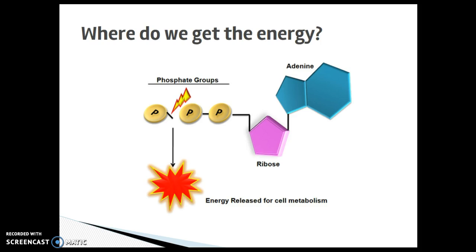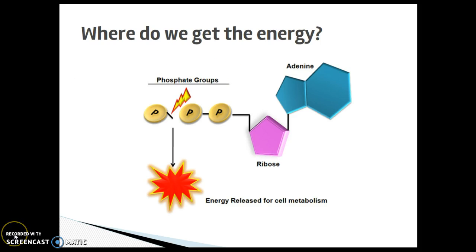The process is called hydrolysis. Hydrolysis is the removing of that phosphate group so that we can get our energy. When we release that phosphate group, this turns into adenosine diphosphate, or ADP. So the question here is, where is the energy stored in this molecule?